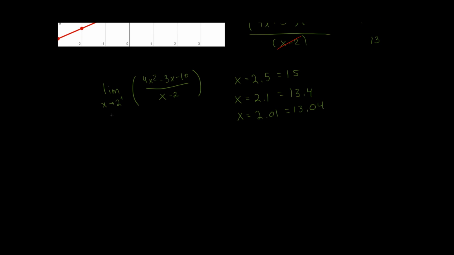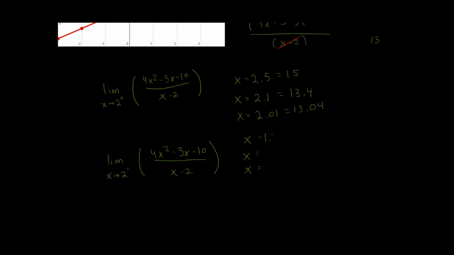And now I'm going to find the left-hand limit. So the limit as x approaches 2 from the left of 4x squared minus 3x minus 10 over x minus 2. Once again, I'm going to try plugging in various numbers, but this time, since we're coming in from the left, I'm going to use numbers that are smaller than 2, but are getting closer and closer to it.